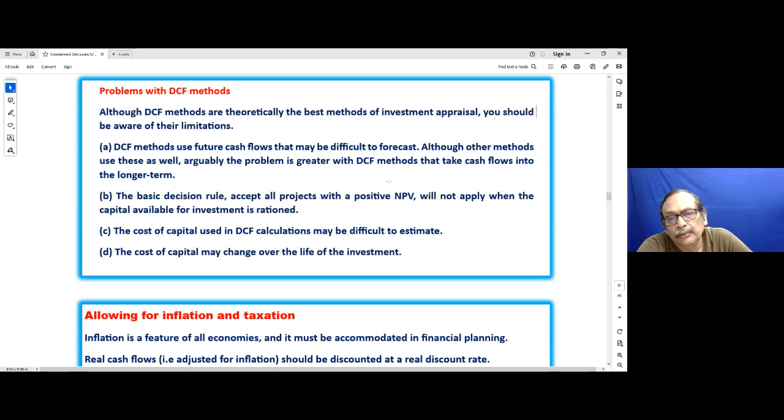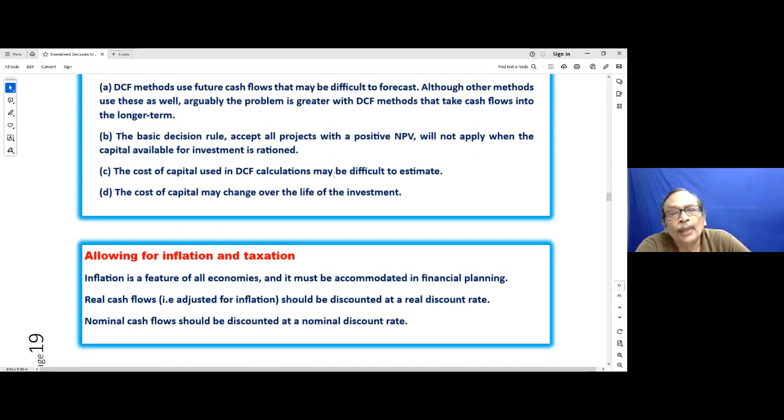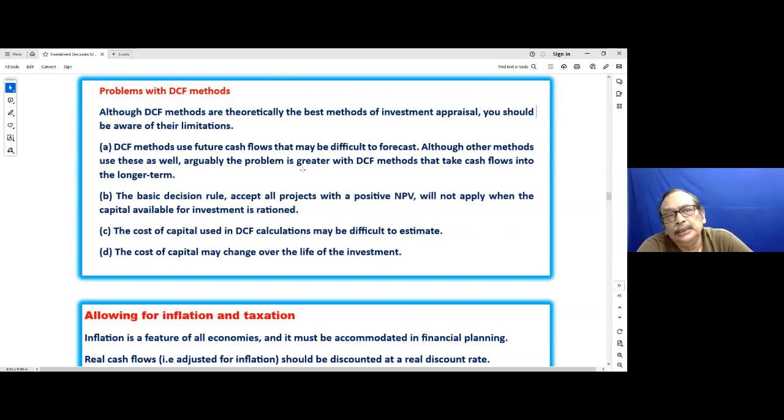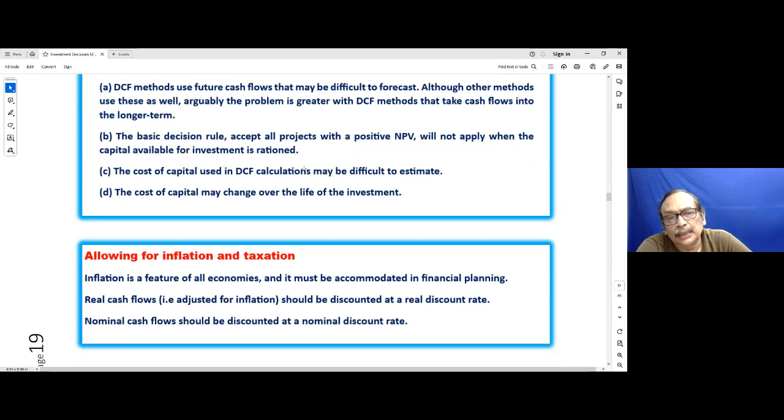The basic decision rule, accept all projects with a positive NPV, will not apply when the capital available for investment is rationed. So in a capital rationing concept, we are not going to accept all the projects having a positive NPV. The cost of capital used in DCF calculations may be difficult to estimate. The cost of capital may change over the life of the investment. So these are all about your discounted cash flows method.